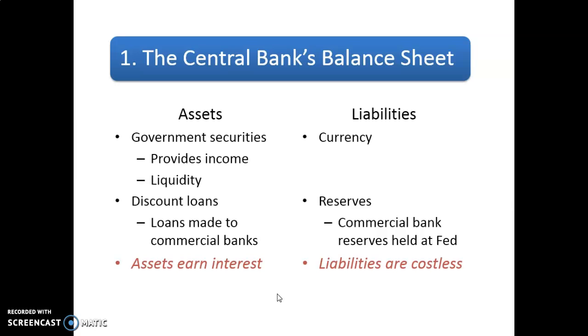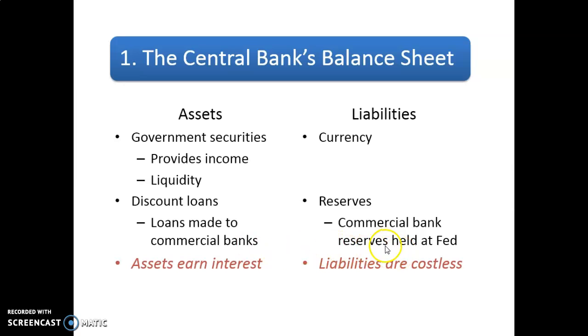As we look at the central bank's balance sheet, obviously the assets earn interest. The government securities that they own will pay interest, and they can sell them at a gain or loss. And the loans that they make to commercial banks accrue interest. The main difference is that for the central bank, liabilities are costless.